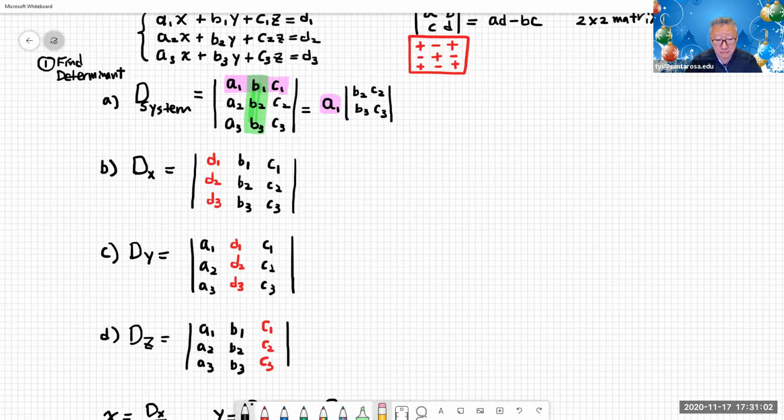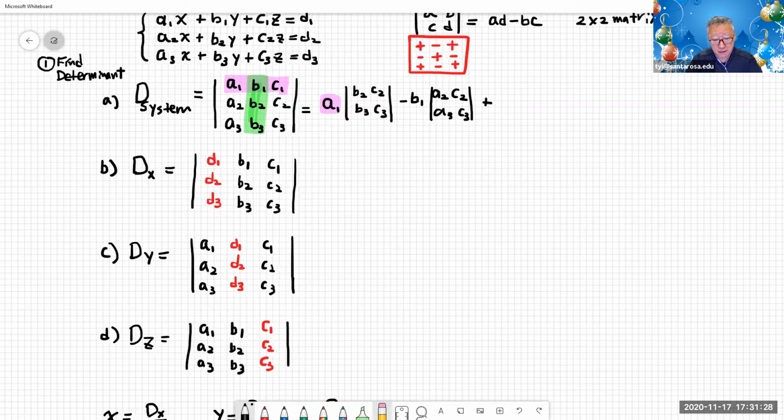So here you got minus B1, then whatever remains is going to be A2, C2, and A3, C3. The next column is going to be plus, so I'm going to use the plus over here.